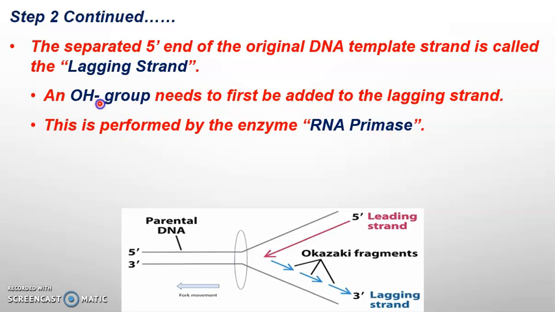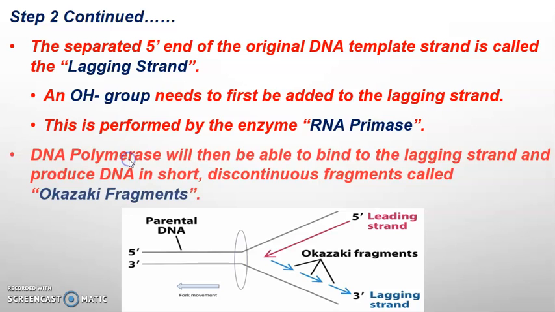RNA primase will add an OH group, which now allows DNA polymerase to bind to it and make a little short segment of DNA called an Okazaki fragment, named after Dr. Okazaki, who discovered this process of semi-conservative replication, which won him the Nobel Prize.